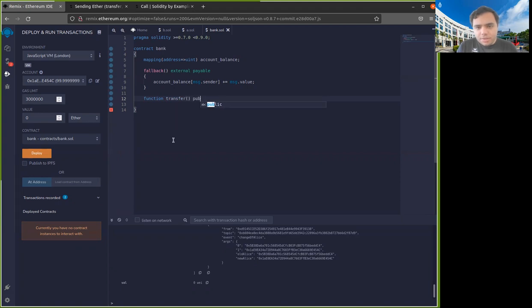And this function is of course public because everyone can call it. It's not payable. When you call a transfer function, you can think of this as a bank transfer. You have to give the address of the recipient, and you have to also give the value that you want to send.